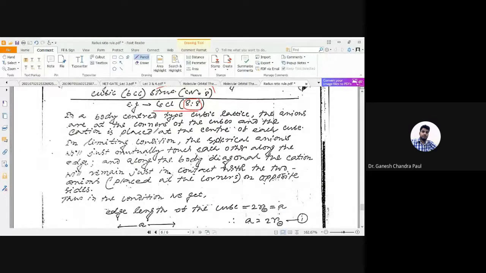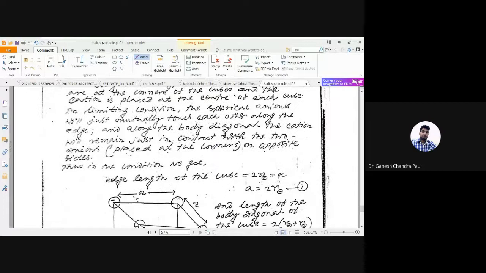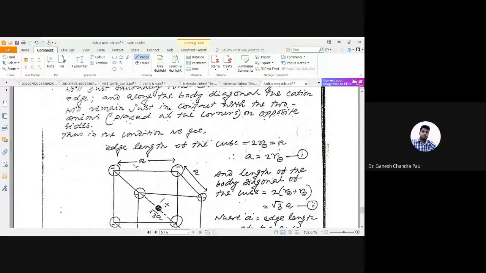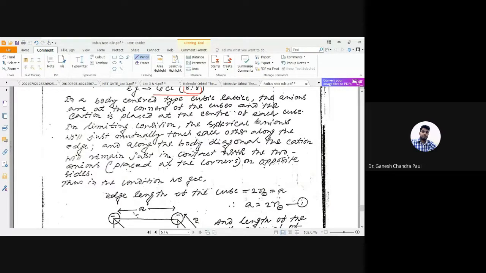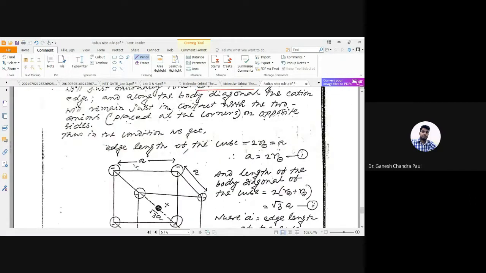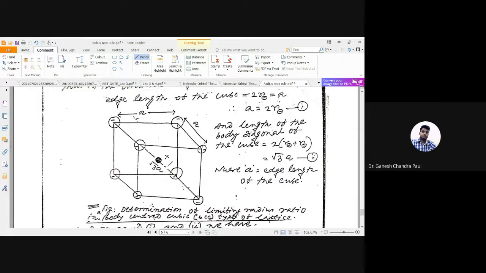In the body centered cubic lattice, the one cesium, that is the cation, is coordinated with 8 chloride anions, and each anionic part, that is chloride minus ion, is also coordinated with 8 cesium plus.